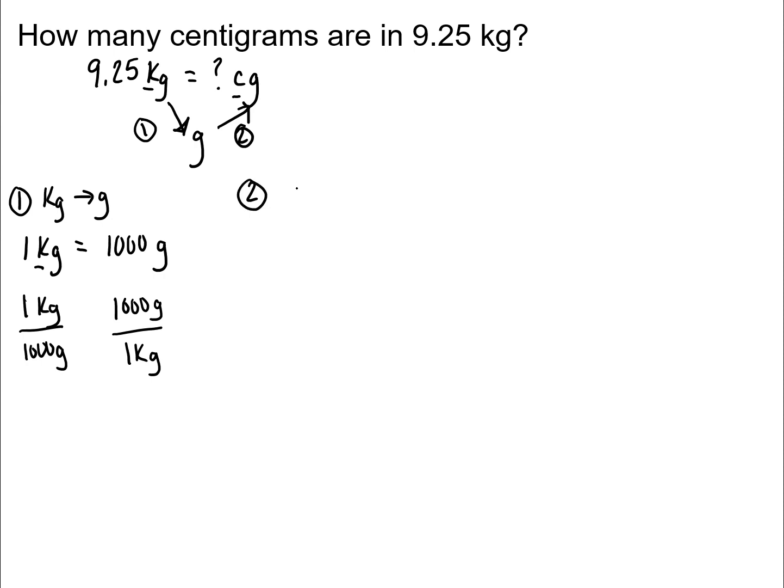For the second equation, we're trying to figure out grams and centigrams. So again, start with the one that has a prefix, 1 centigram, and equate that to, looking it up on the chart, what the lowercase c means. And that's centi, which is 0.01 grams. You can also write that as 1 times 10 to the minus 2, just like you can write 1 times 10 to the third for 1,000.